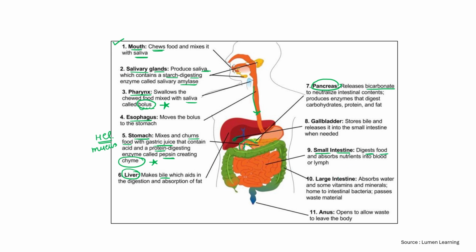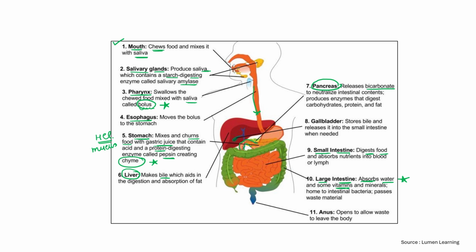Okay, and the jejunum and the ileum are mainly involved in absorption, and the large intestine is involved in absorbing the remaining water present in it. Some essential vitamins and minerals are also absorbed in the large intestine.